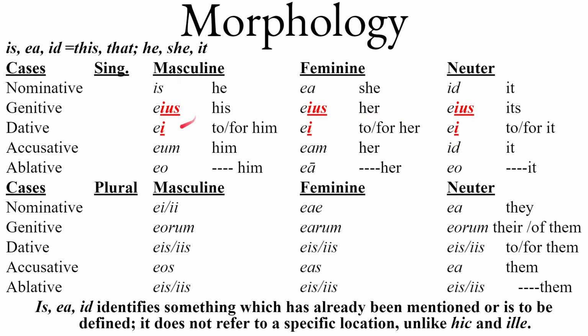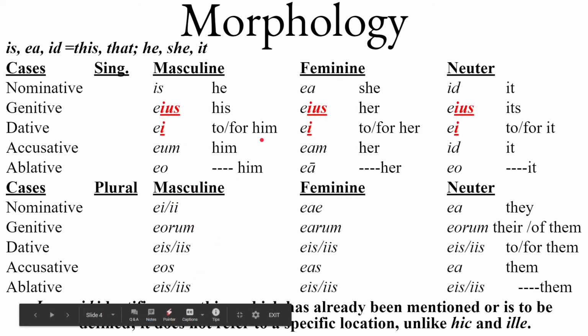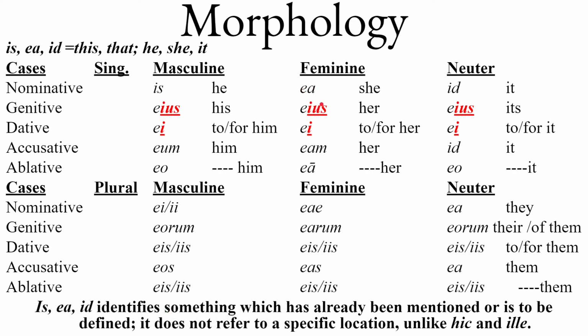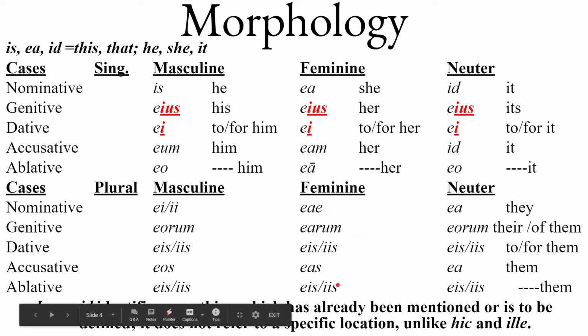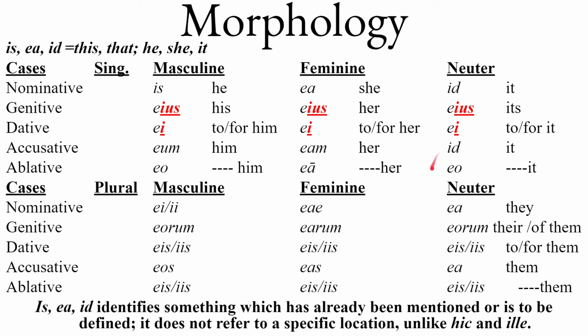Is, eos, ei, eum, eo, ei, eorum, eis, eos, eis. Ea, eos, ei, eam, ea, ea, earum, eis, eas, eis. Id, eos, ei, id, eo, ea, eorum, eis, ea, eis.